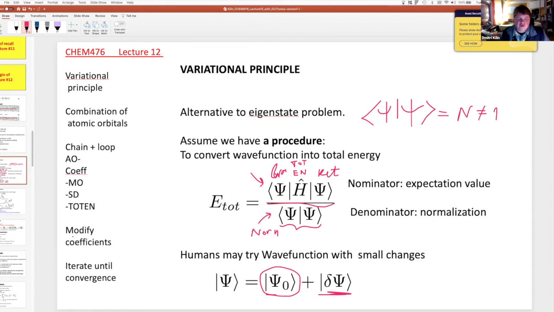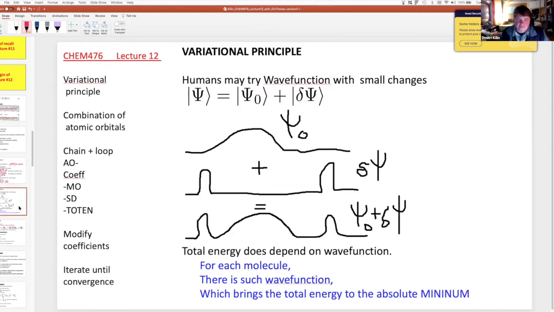This one sounds too abstract. Let me make a little illustration. Suppose we are speaking about a one-dimensional function, although this variational principle will work for any number of dimensions. Suppose our psi naught is this function. Then I add little additions on the side peaks.